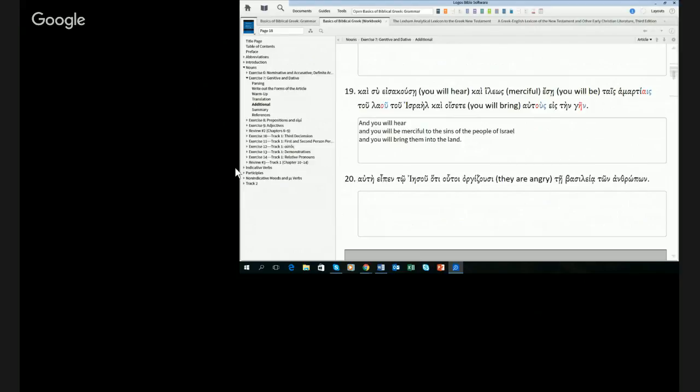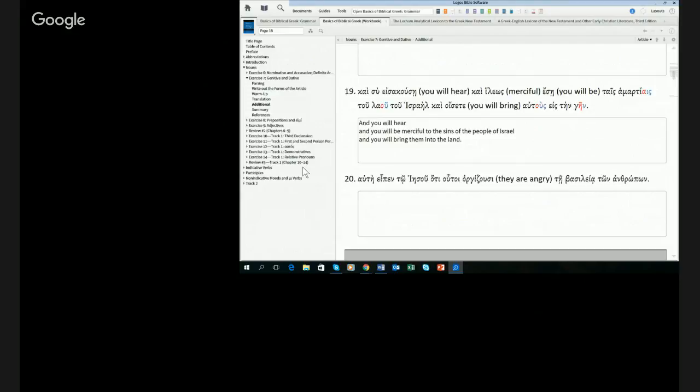Tou laou, you can see it's genitive singular, of the people. Laos, from which we derive the English word laity, by the way. Laos means people, but it's a collective singular. So it's the people as a unit, a group. So you notice it's singular, but it means the people as a collective.